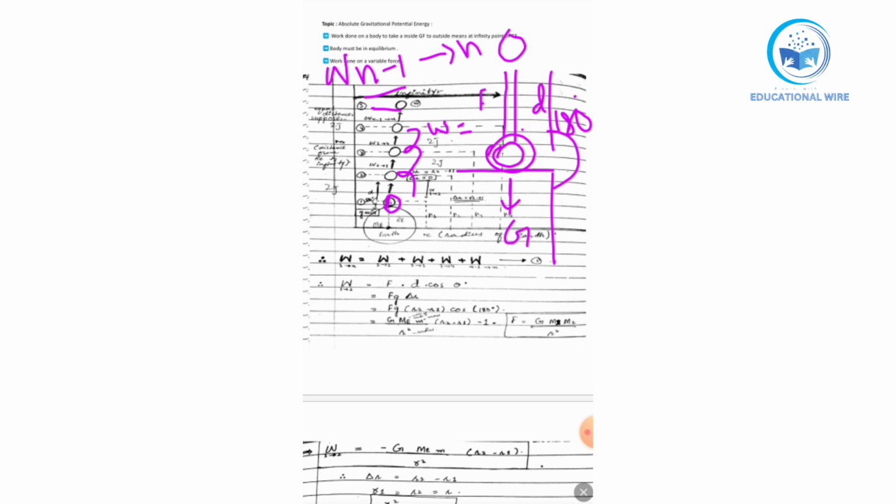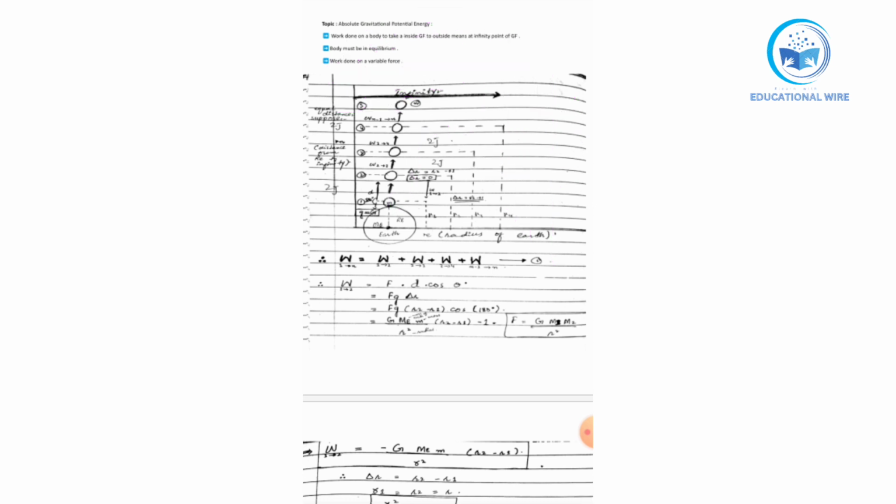Let's suppose we have infinity point 7. We don't know the infinity point, but we suppose that 7 is our infinity point, so n is equal to 7, and n minus 1 will be 6. It means work happens from 6 to 7. That's why we put n minus 1 over n. Now let's move further.